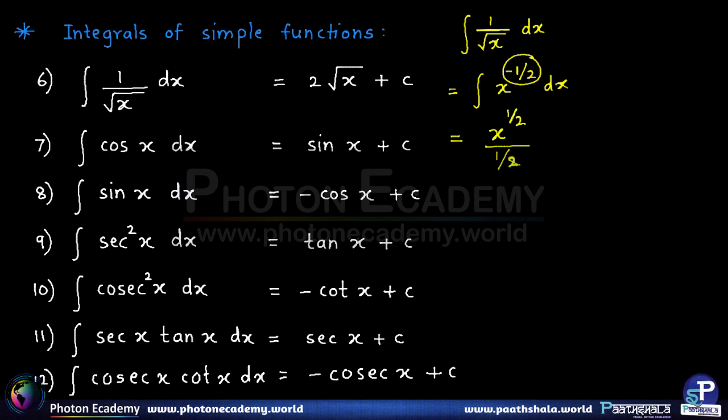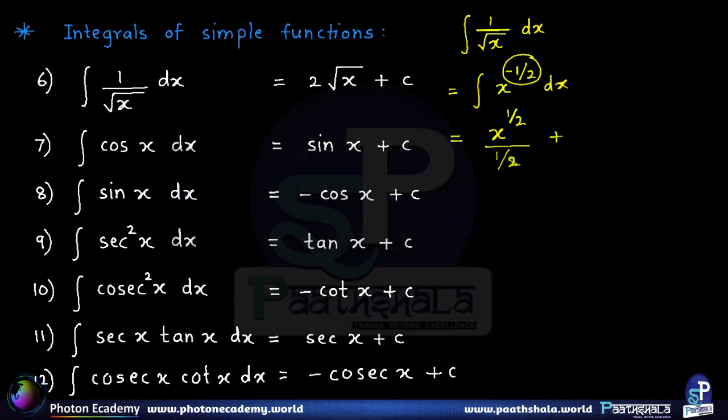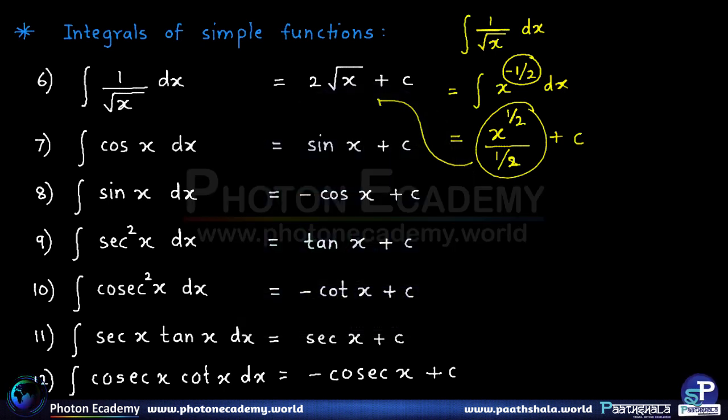Alright, and of course plus c, that is a constant of integration. We have to always add the constant of integration when we integrate. So this particular expression is nothing but 2 root x plus c, correct? In this way we can integrate any algebraic function since we know the original formula.